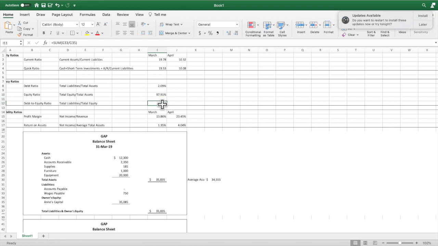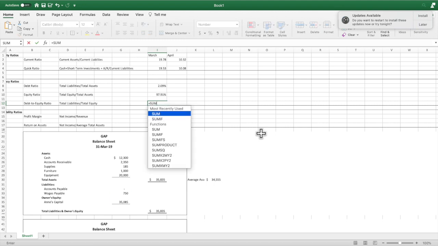So what that says is Ann owns 97.91% to the amount of assets that they own. So she lays claim to $35,000 in the organization, and their assets total $35,835.